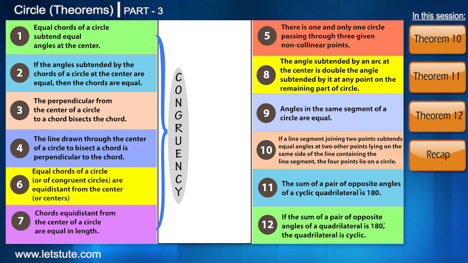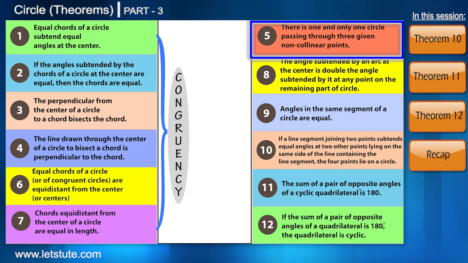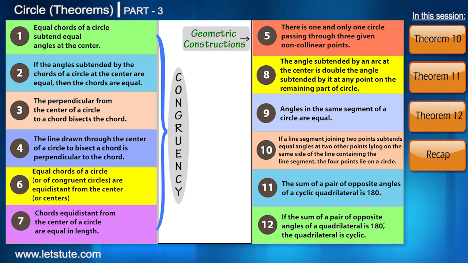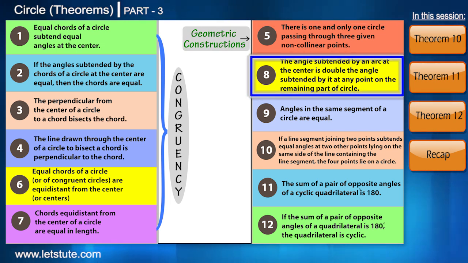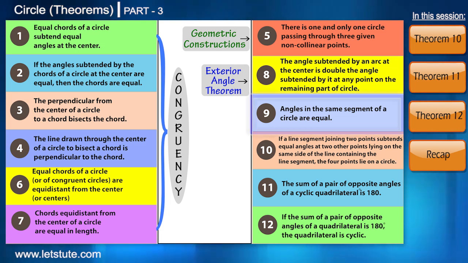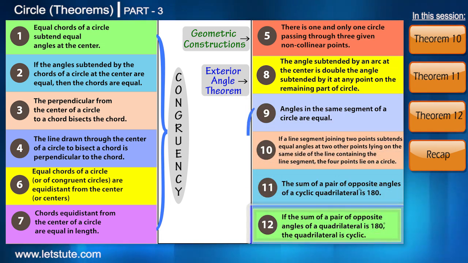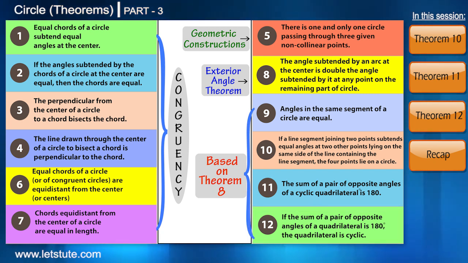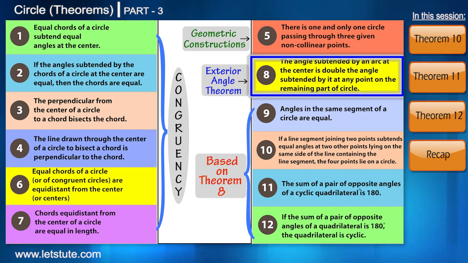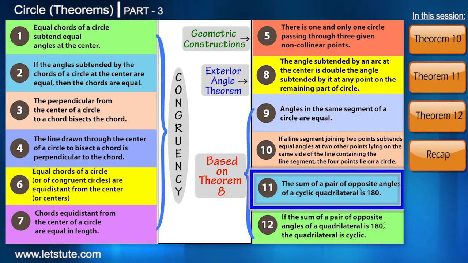Theorem number 5 was proved using the basic steps and concepts of geometric construction. Theorem number 8 is one of the most important theorems. We proved this theorem using the basic properties of triangles and the exterior angle theorem. In order to prove theorems 9, 10, 11 and 12, we have used the concept of theorem number 8.